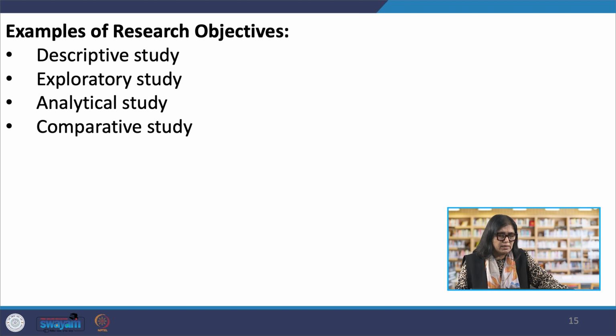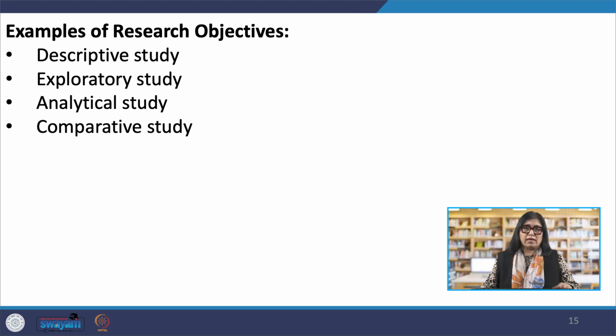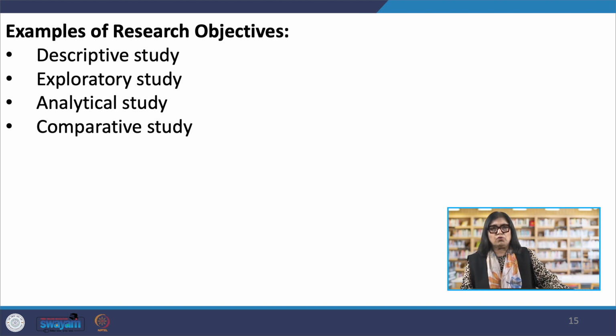Similarly, we have an analytical study that can be more analyzed, and comparative analysis means comparing two recently developed preoperative score systems.